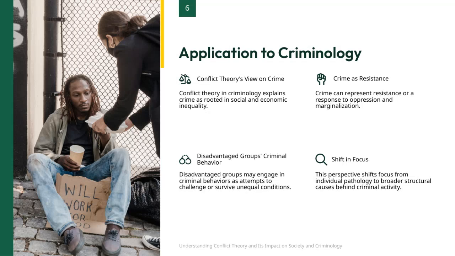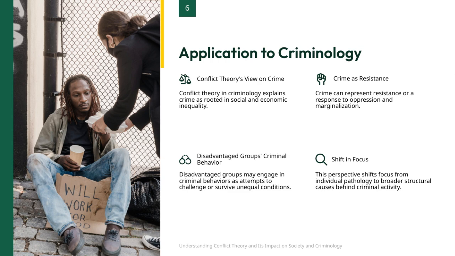Conflict theory in criminology helps us understand crime by looking at the social and economic inequalities that exist in society. Rather than seeing crime simply as individual wrongdoing, it suggests that crime can be a form of resistance or a reaction to experiences of oppression and marginalization. People from disadvantaged groups might engage in criminal behavior not just out of choice, but as a way to challenge unfair conditions or to survive in a system stacked against them.